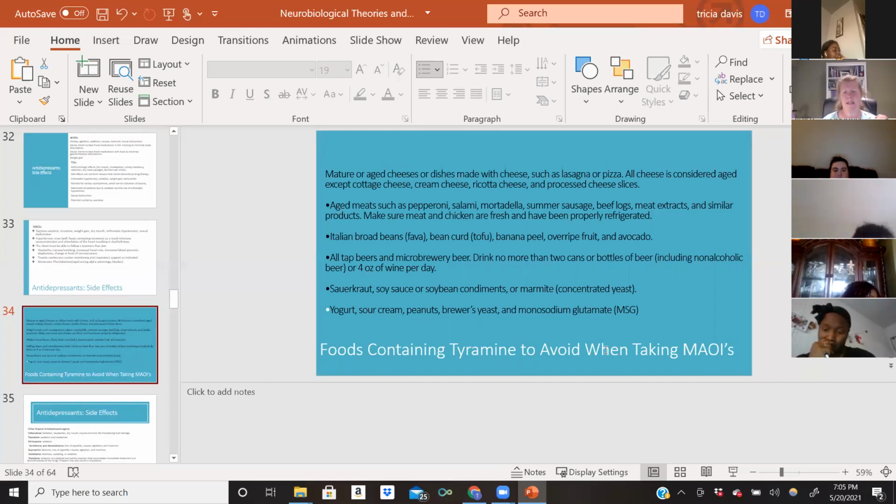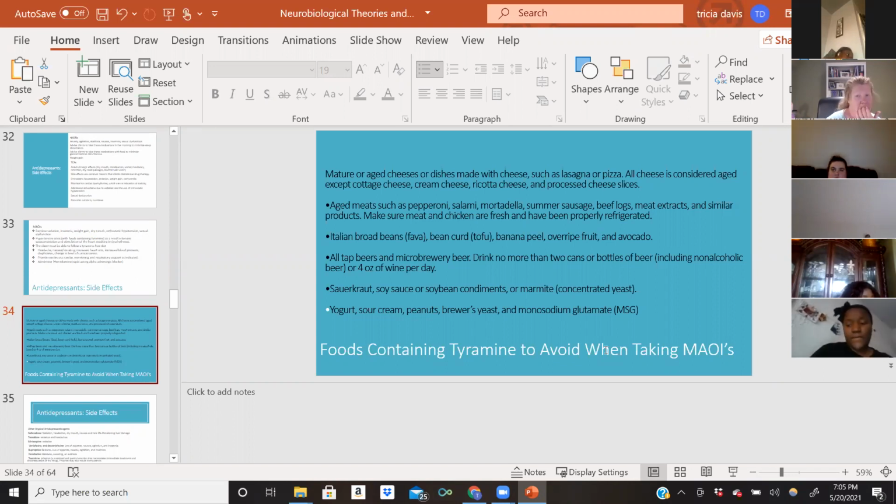Italian broad beans, so fava, bean curd, which is tofu. So a lot of vegetarians eat tofu. Banana peel, overripe fruit, and avocado. And then all tap beers and microbrewery beer. So drink no more than 2 cans or 2 bottles of beer, including non-alcoholic beer, or 4 ounces of wine per day.